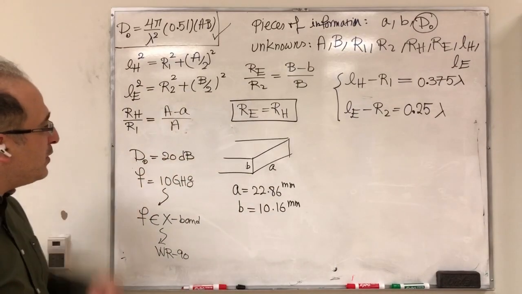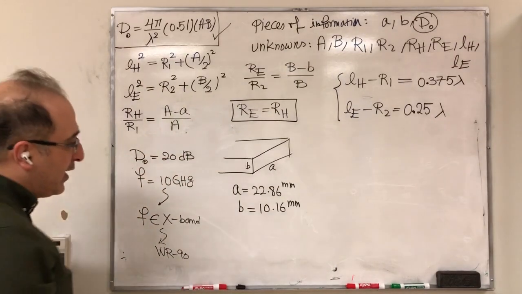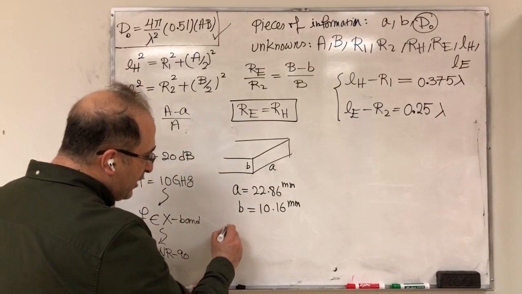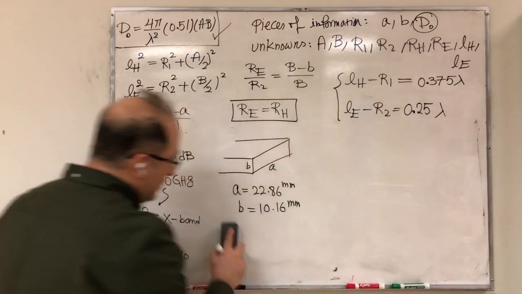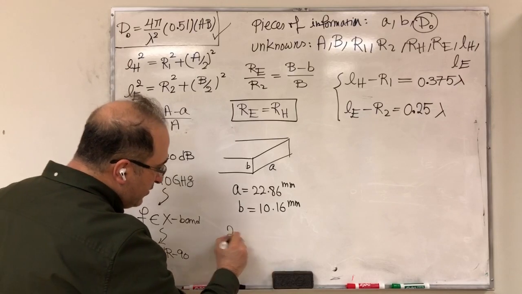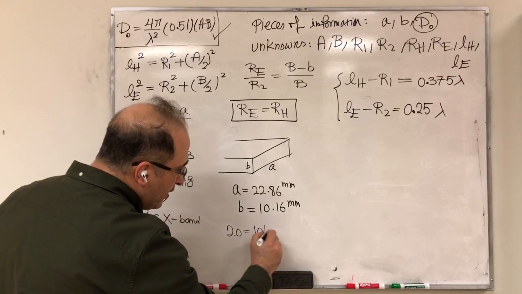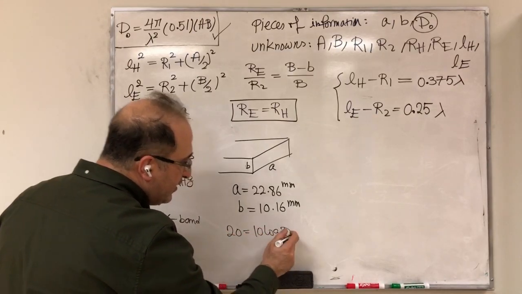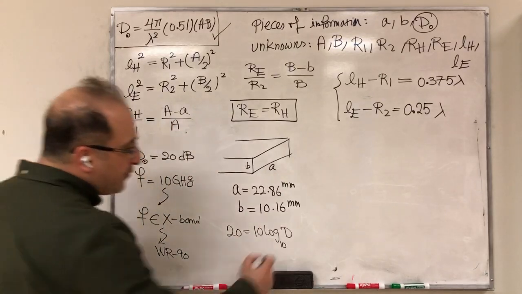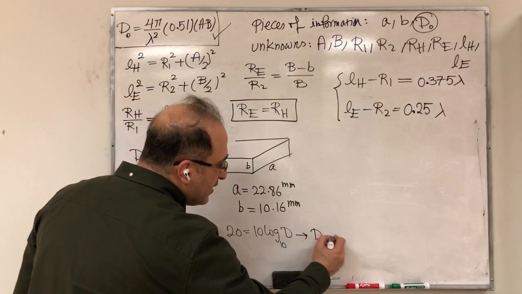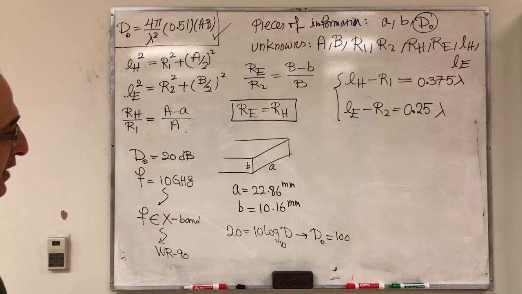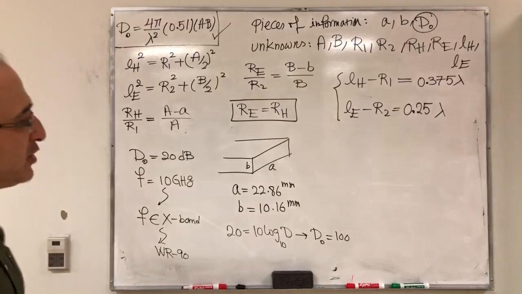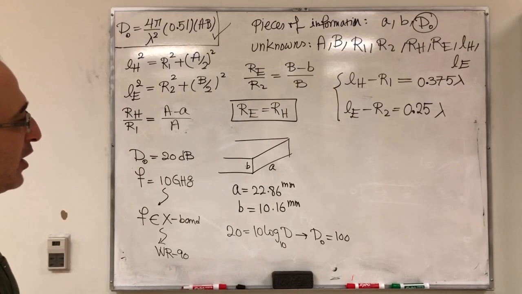The directivity we also know is 20 dB, and you can get D in dimensionless. We know that 20 dB is 10 log10 of D dimensionless. Therefore, D dimensionless is 100. So if it's 100, then it's also 20 dB. But here we're using dimensionless, so I'm going to use 100 here.